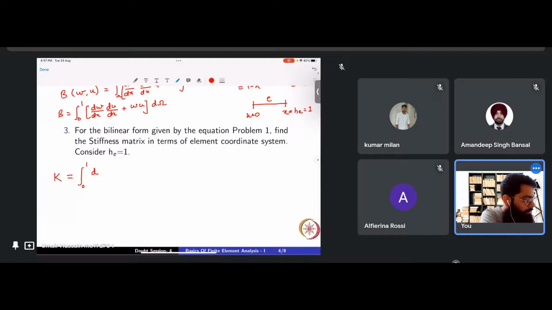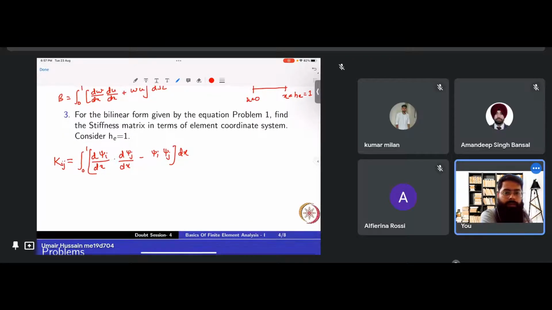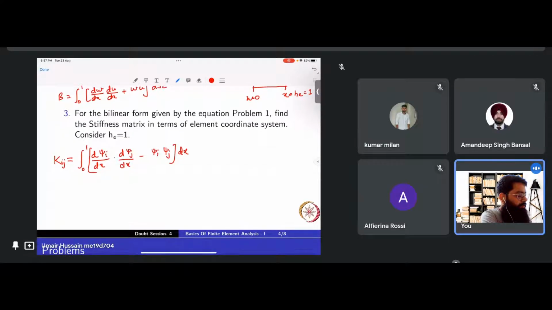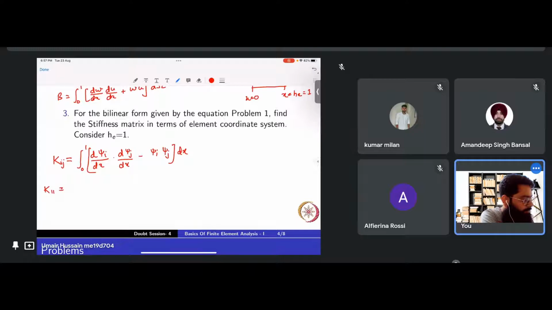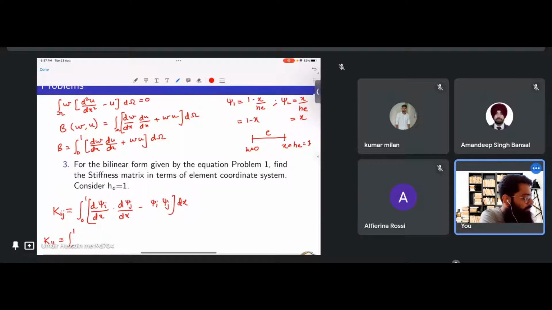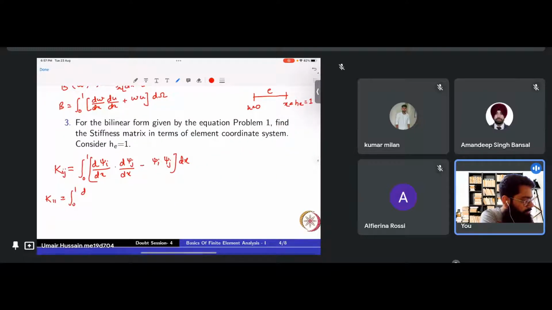Okay. So this is how we'll get the stiffness matrix for this element. So what would be K11? The derivative of psi 1.